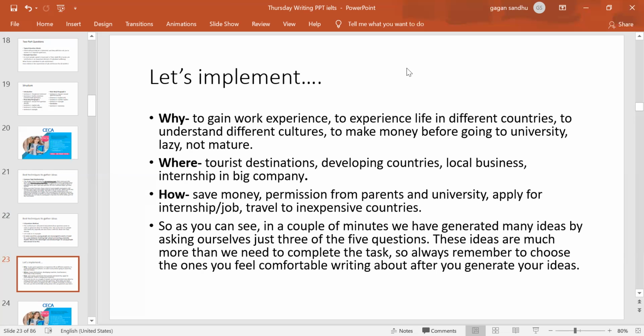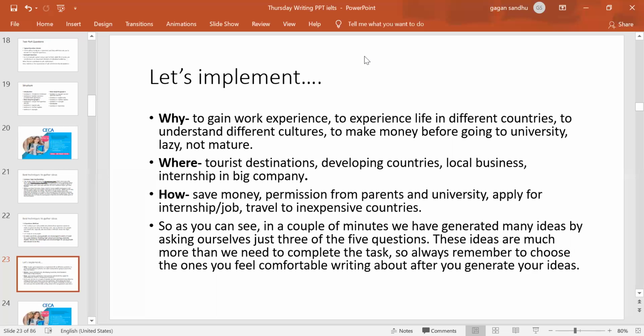And then you are moving to inexpensive countries. That means you're gaining experience, you're looking at a different life. Suppose you are from a developed country and you go to a developing country: you're looking at a different world from a different perspective, which actually makes you more mature, seeing how people struggle for basic needs, the ones we get easily.